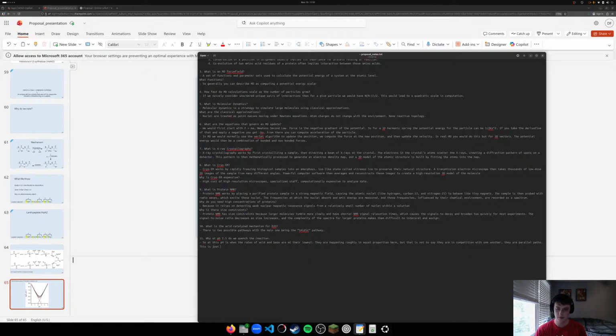This is just the pH where it is basic enough for the acid path to be slow and acidic enough for the base path to be slow as well.